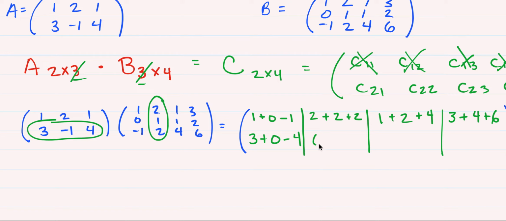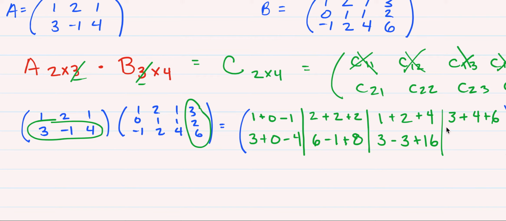So we get 6 minus 1 plus 8. Okay. Then row 2 times column 3 will give us 3 minus 3 plus 16. All right. And then row 2 with column 4 is 9 minus 2 plus 24.